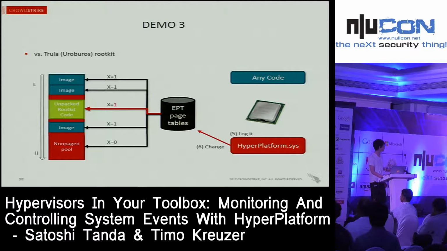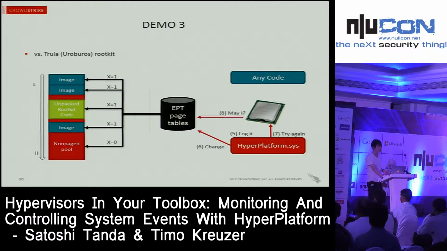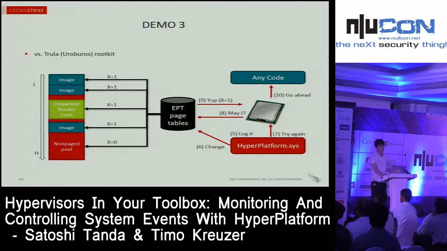Then we are going to change the EPT page tables to make it executable temporarily, and let the processor try again. And this time, because non-paged pool is now executable, that code can execute.